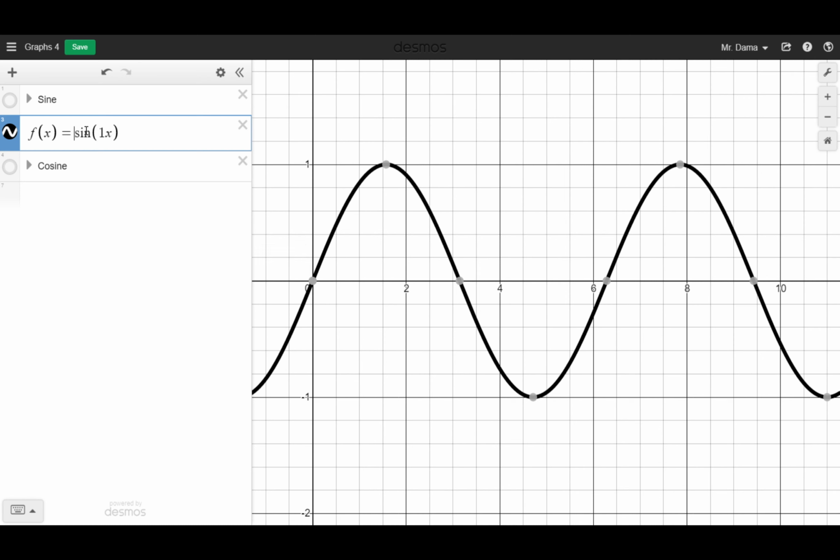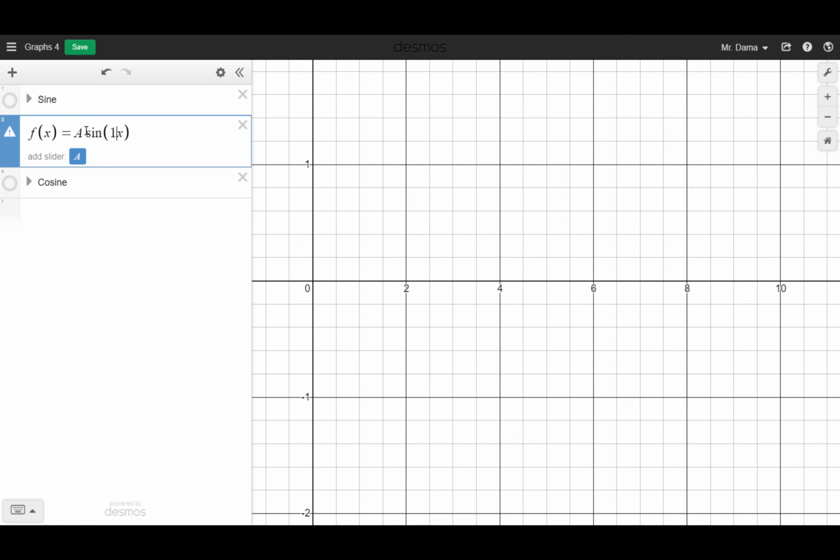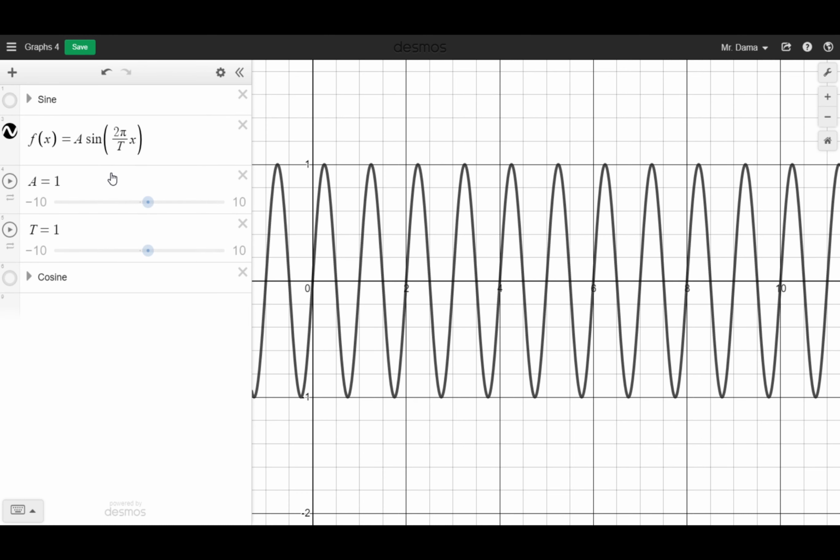So what I'm going to do is call this A, and instead of B, I'm just going to write 2 pi over t, because I prefer using A and t. Yes, Monique, we'll typically use 0, 0, unless you really change. Okay, this looks horrifying.